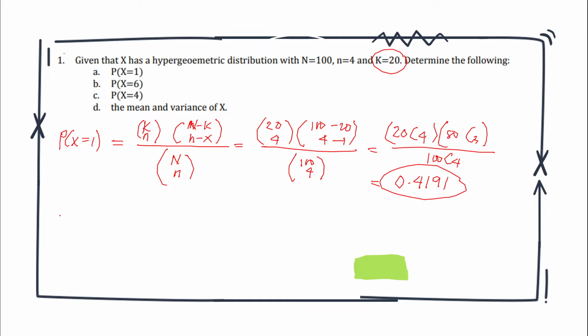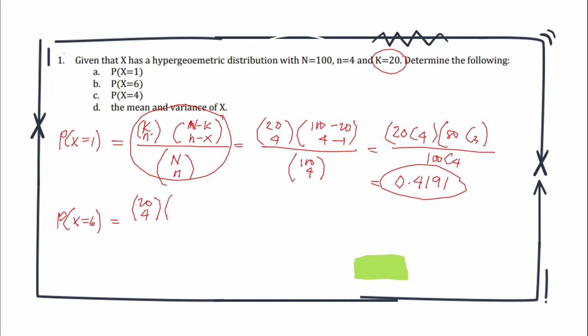Okay, so we have here P(x equals 6). Take note, the same formula as this one. We'll just substitute into the formula. What is our k? Our k is 20. And what is our n? Our n is equal to 4.